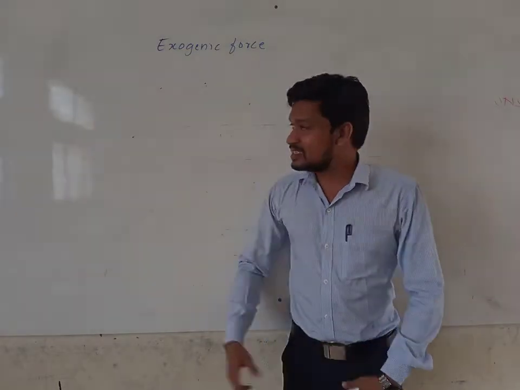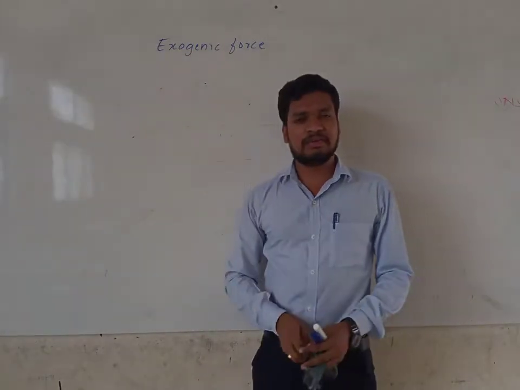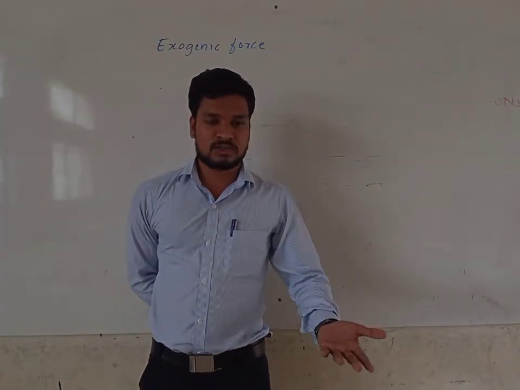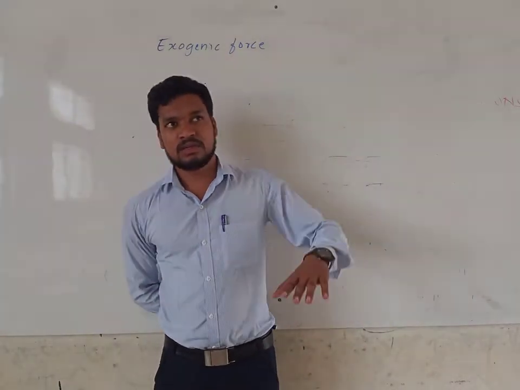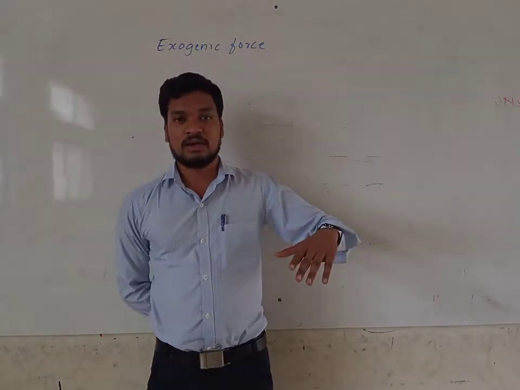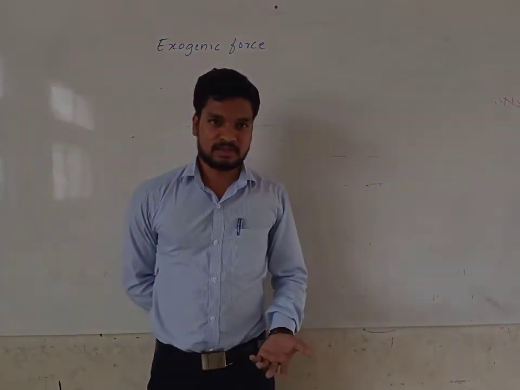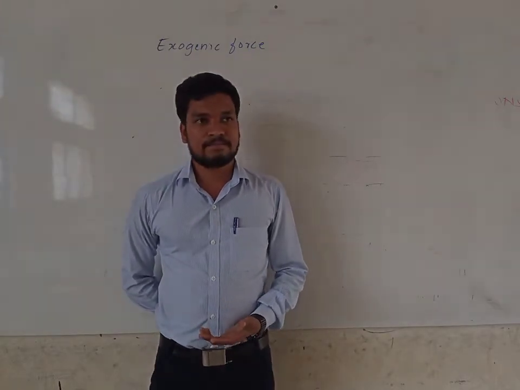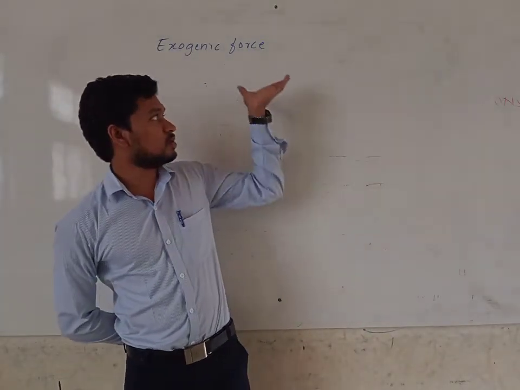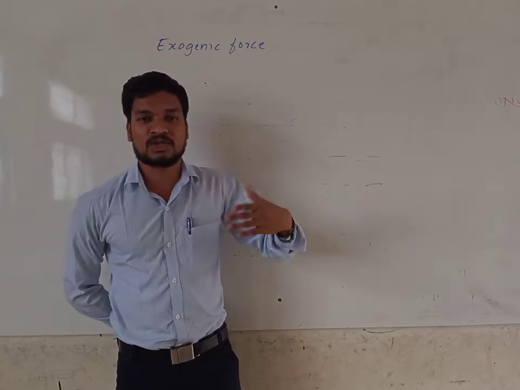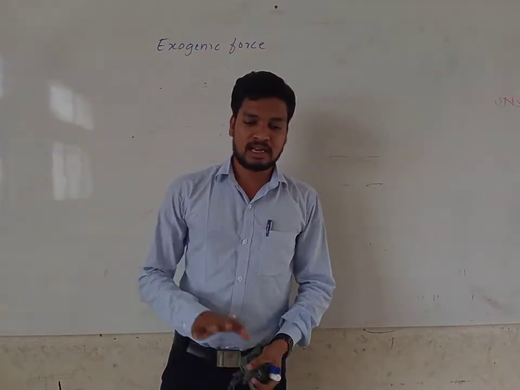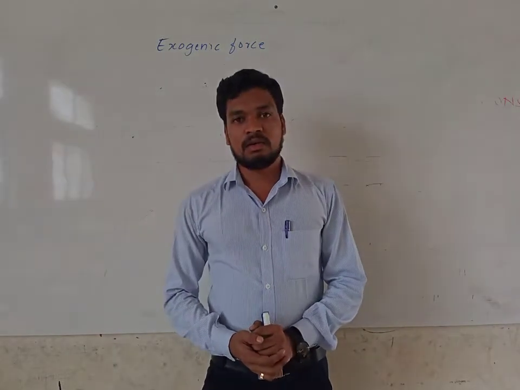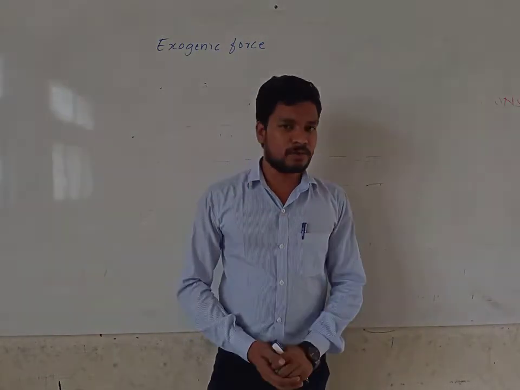Because of this exogenic force, what causes changes? What are those processes, or factors, that happen because of this exogenic force? Air, wind, and water are the agents of this force.